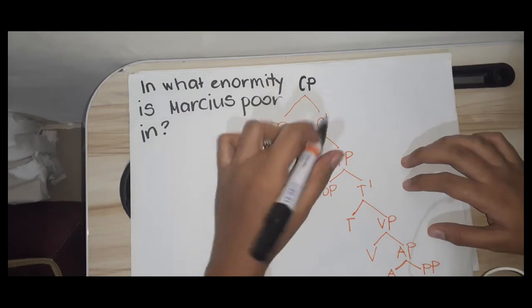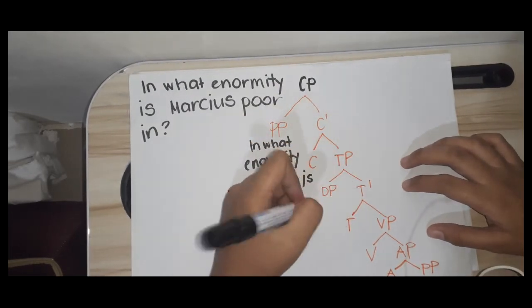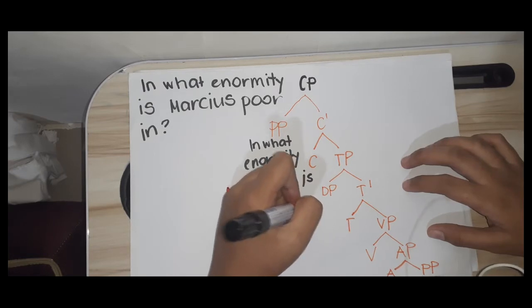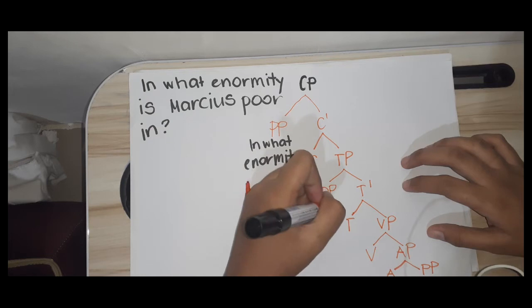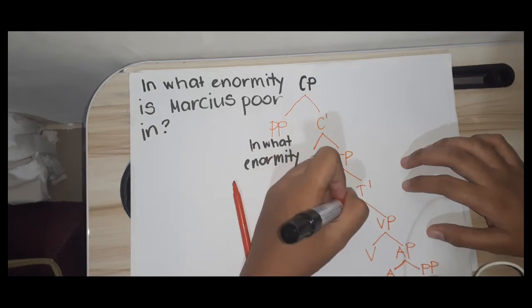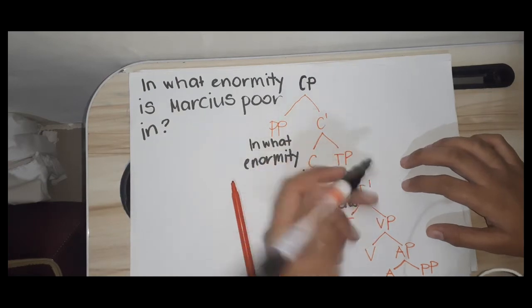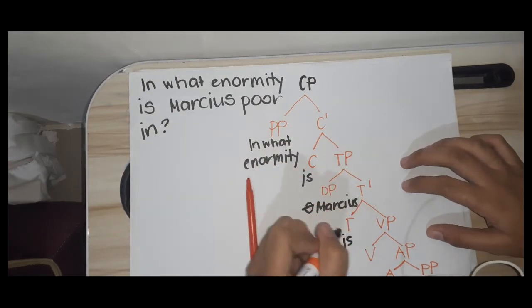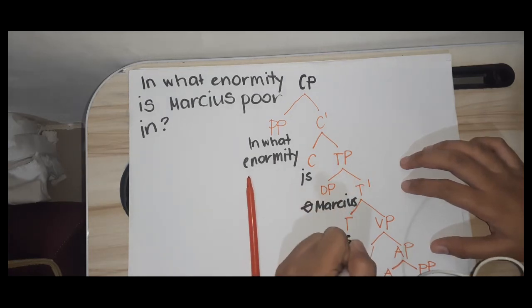We have here under the C, our complement is the determiner phrase headed by the null determiner named Marcius. Next would be the T bar where the tense is, and another one is for the verb.